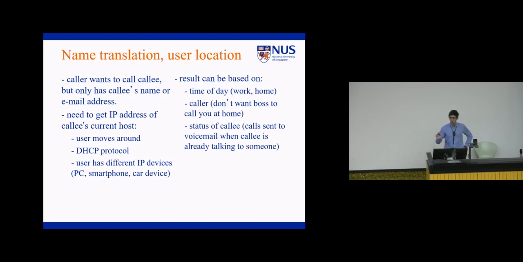A few notes on why we need to get the IP address of the destination again. We may need to obtain the IP because, first of all, the user moves around. Yes, in the mobility chapter, we learned we can still go through the home address, but the user might have multiple devices running the same application, and each of these devices might have different IP addresses. And the result of the SIP response to Alice's query can be dependent on the time of the day, the caller, or the status of the callee.